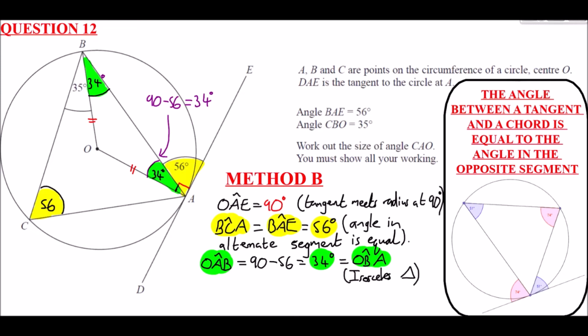Well, let's have a think about it. What other angles could we work out? Well, we know that angles in a triangle add up to 180 degrees. So in this triangle OAB, we know both these are 34 degrees, so we could work out the angle BOA. So BOA will be 180 minus 34 minus another 34, or simply 180 minus 68.